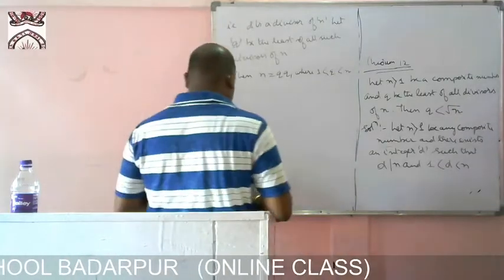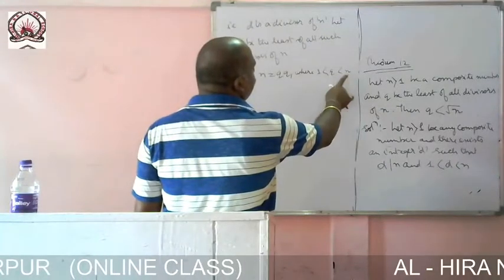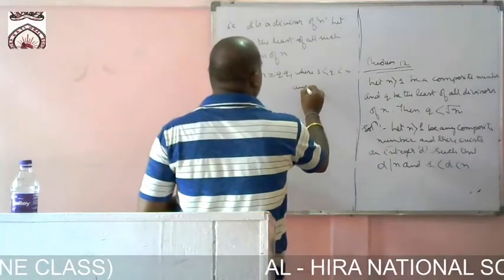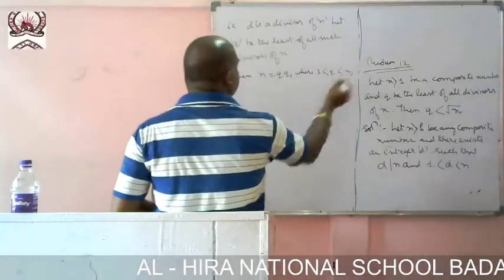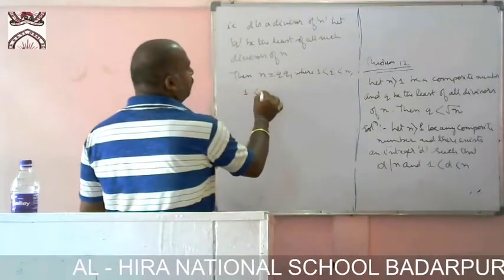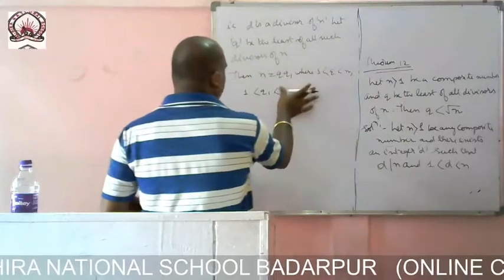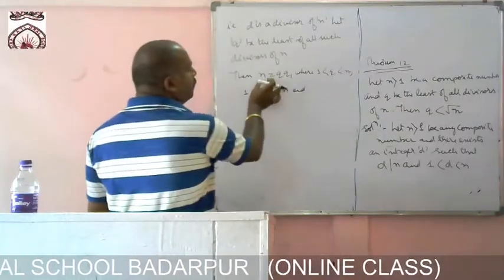Now as q lies in between 1 and n, q1 will be smaller than n as well. So the product of the two numbers is equal to n.